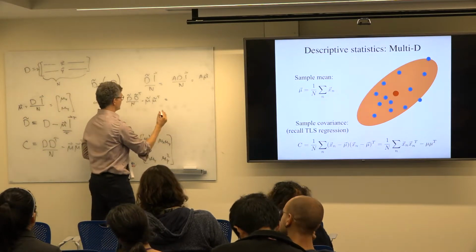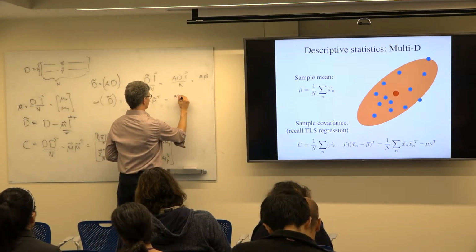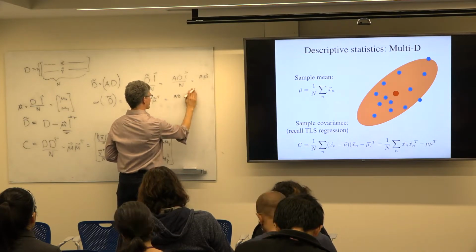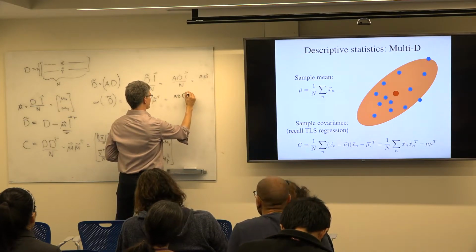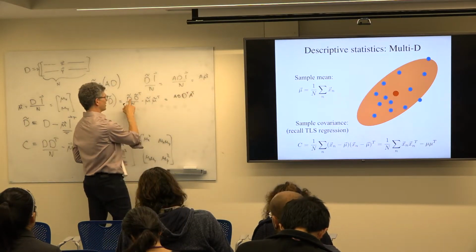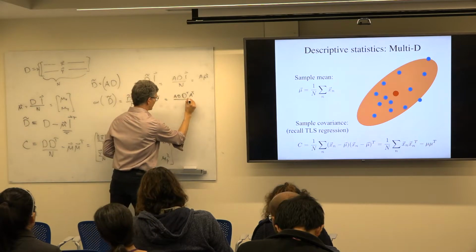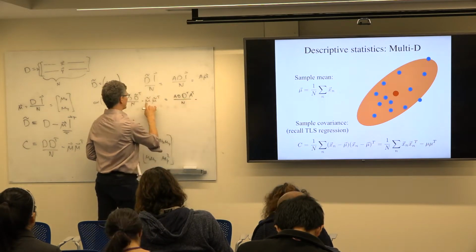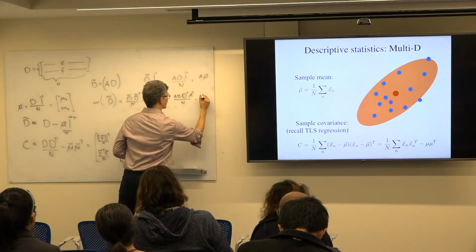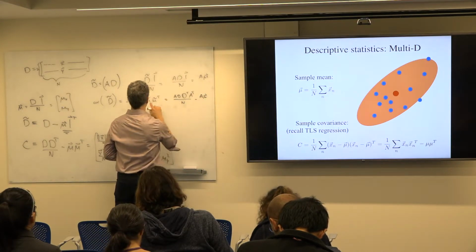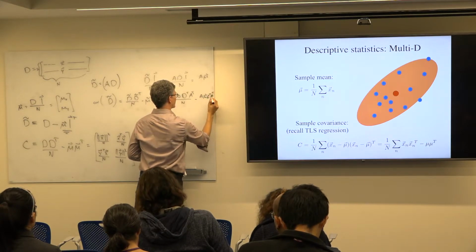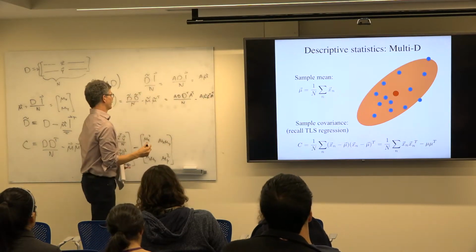D tilde is just AD. So this is just AD times D tilde transpose, which will be D transpose A transpose. Okay, so that's writing this out, divide by n. And then what happens to this? Well, mu tilde is just A times mu, so that's A mu. And then I have to do mu tilde transpose, so that's mu transpose A transpose, and there's no divide by n on that.